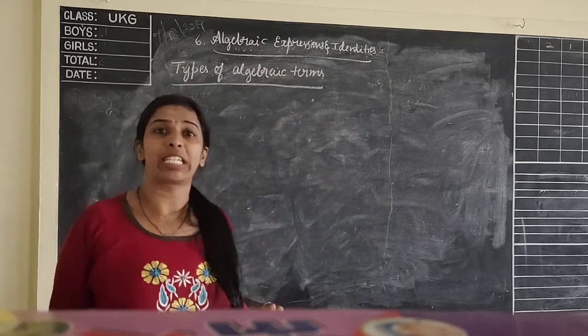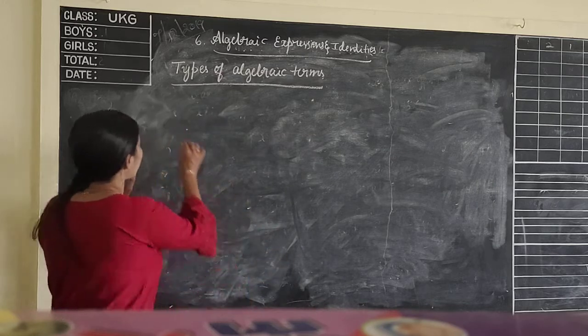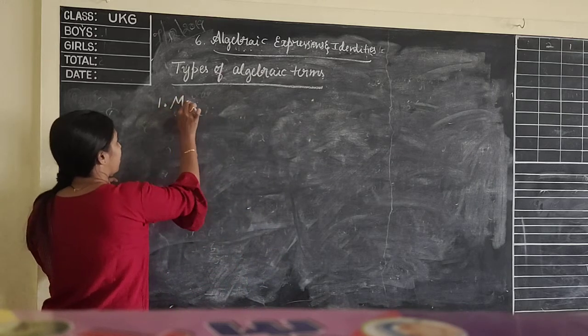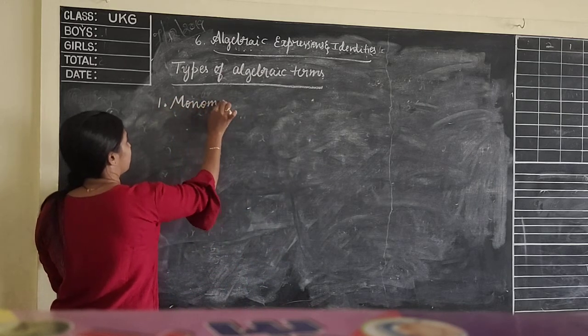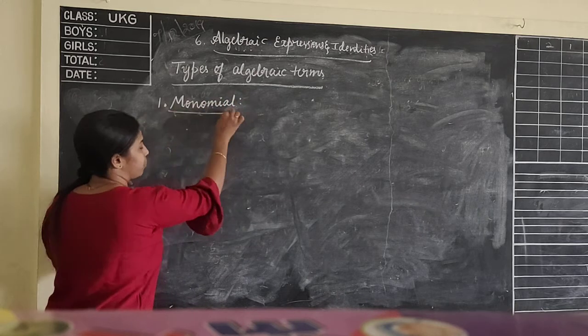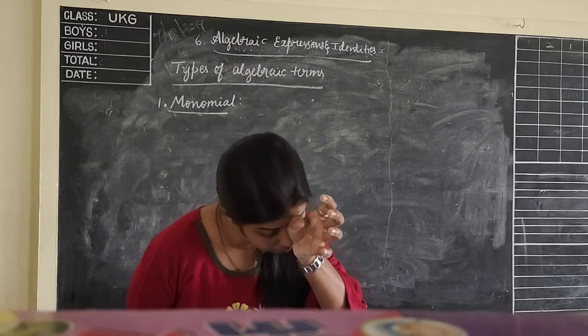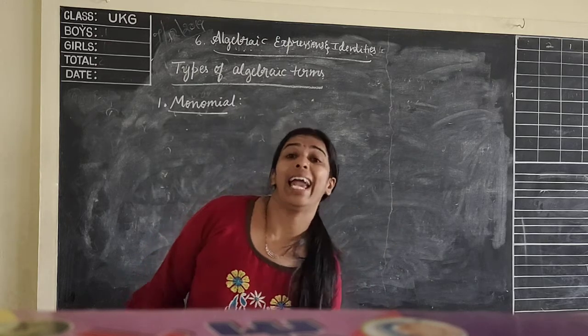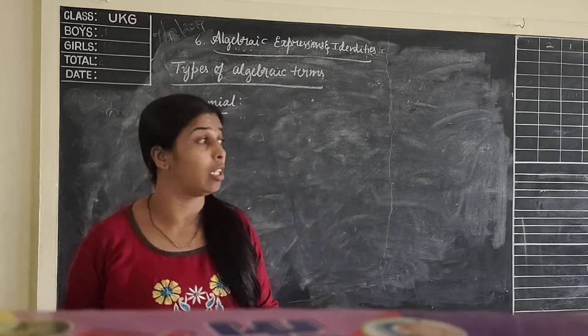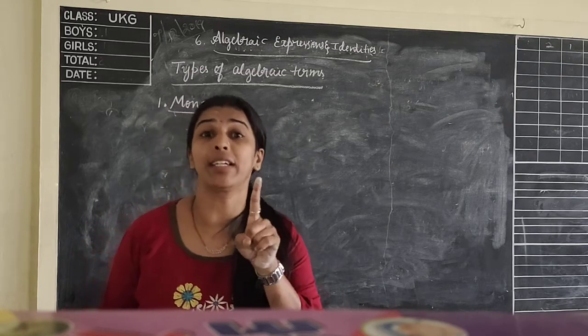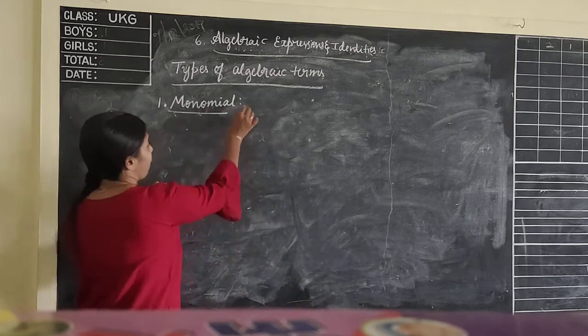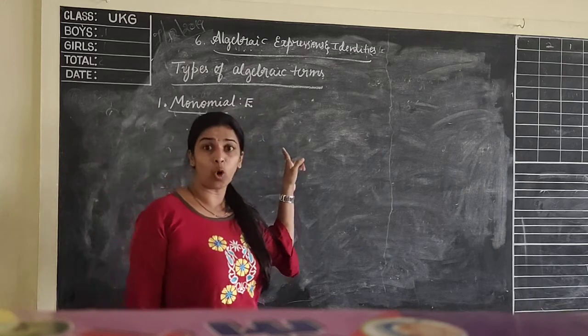Types of algebraic terms. First one is the monomial. Monomial means what? The expression that contains only one term. This you have to write in the notes.